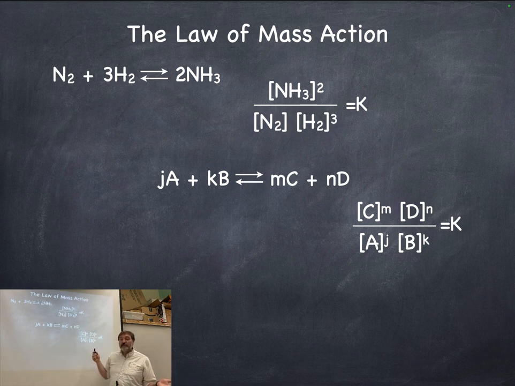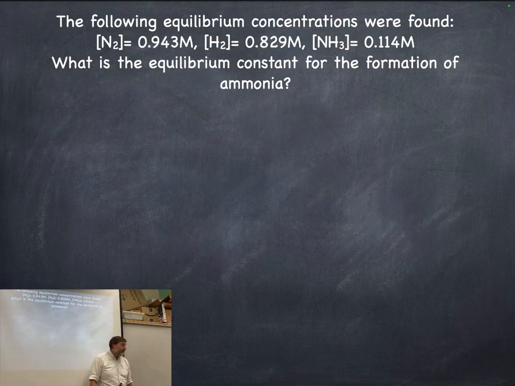The problems we're going to see are going to look like this. They're going to say, we know the balanced chemical equation. It's printed on your lecture notes. It's nitrogen plus 3 hydrogens to produce 2 ammonias. I want you to calculate based on these values. These were the concentrations found at equilibrium.